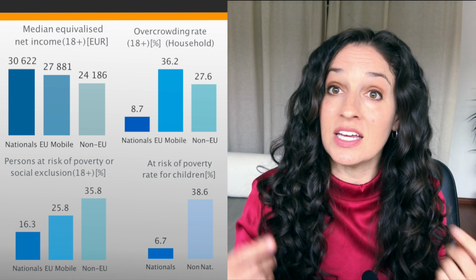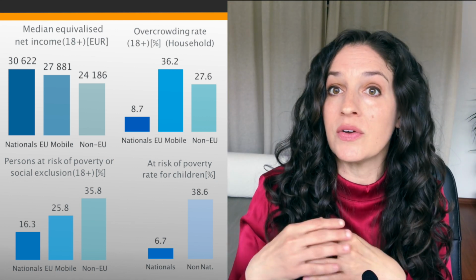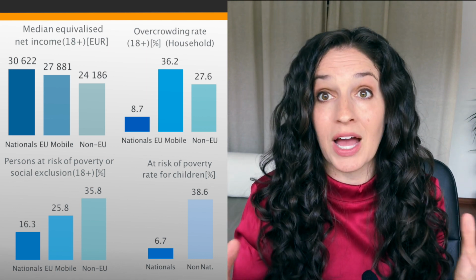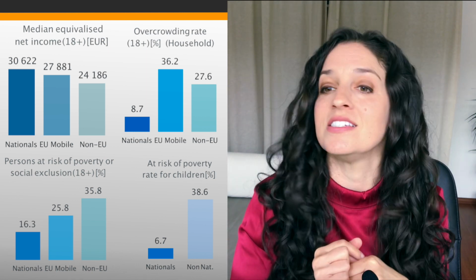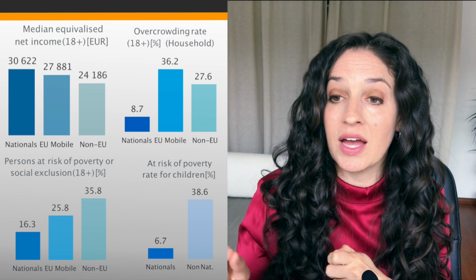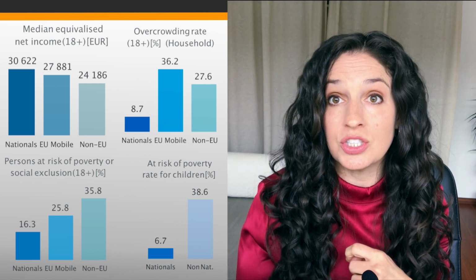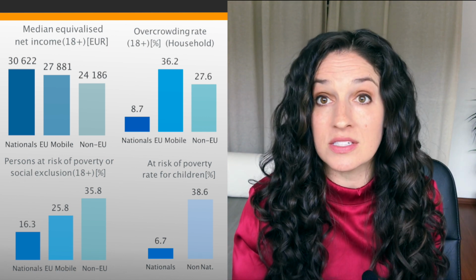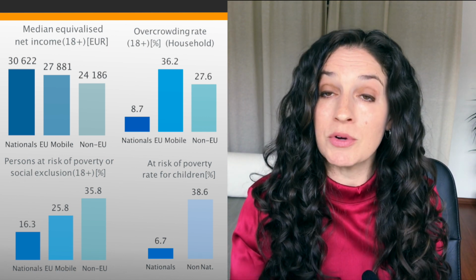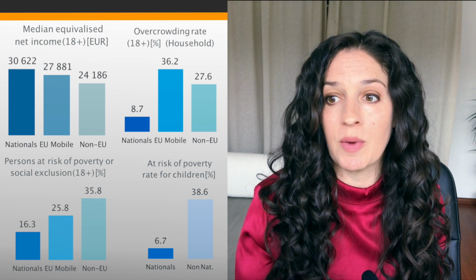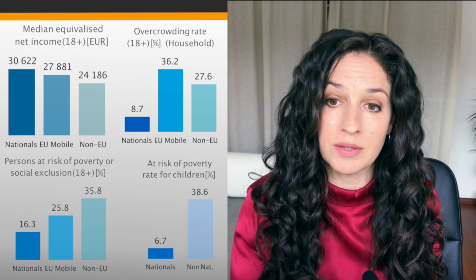We generally see in other countries a higher rate of overcrowding among immigrants from outside of the EU, but that is not the case in Denmark. If we look, though, at the risks of poverty and social exclusion among both adults and children, we do see higher risks of poverty for immigrants, and particularly immigrants coming from outside of the European Union.